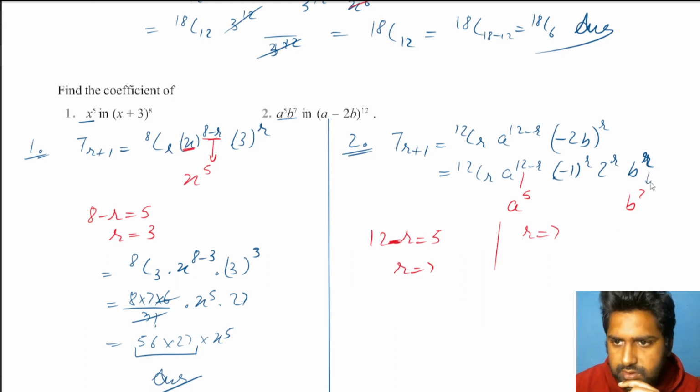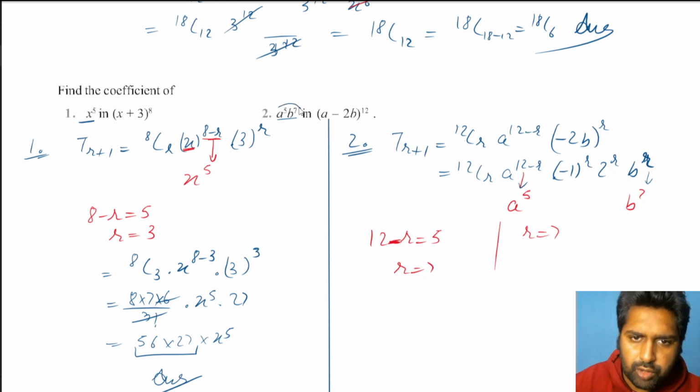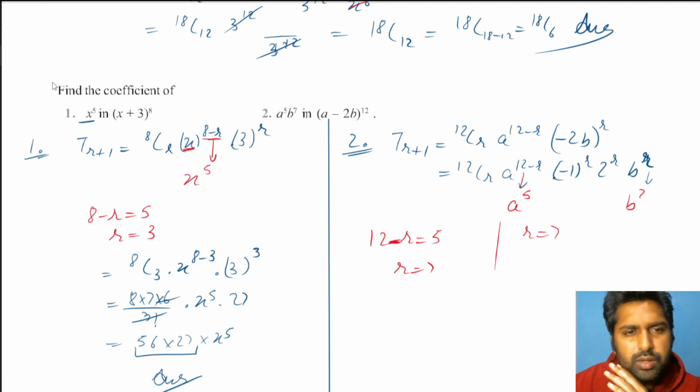By comparing this also, you directly get r as 7. So even if some complicated expression is there, don't worry. You have to compare only one of the power of the variable and you will get the value of r. You compare it with anything, by a also, by b also. I'm just showing it to you that whether you compare it with a or b, still you're getting the same value of r.